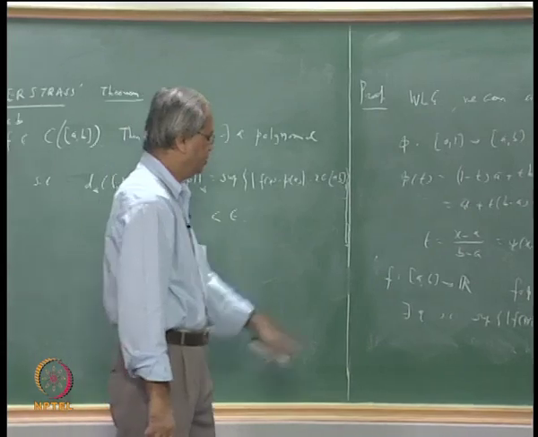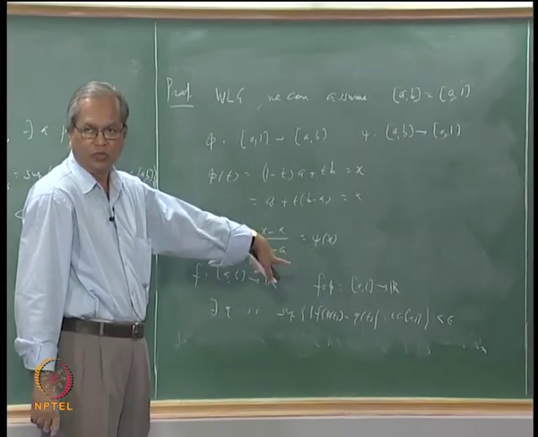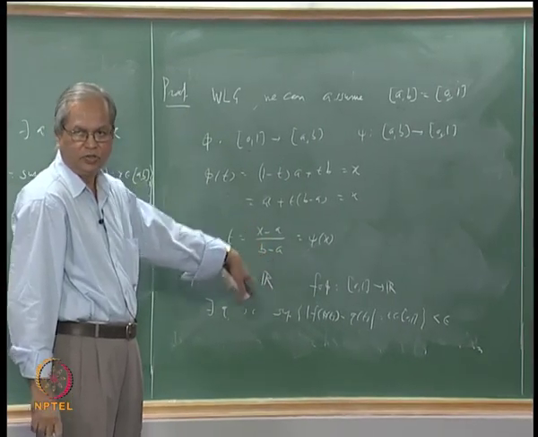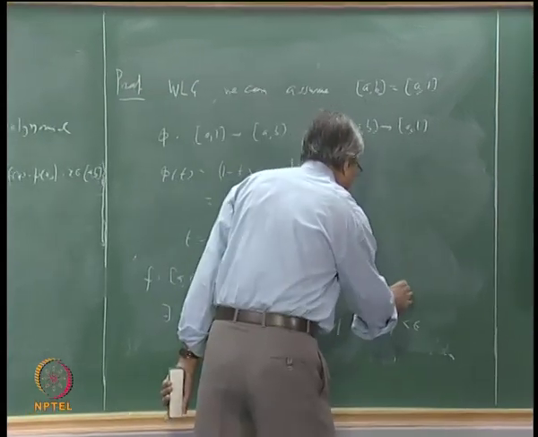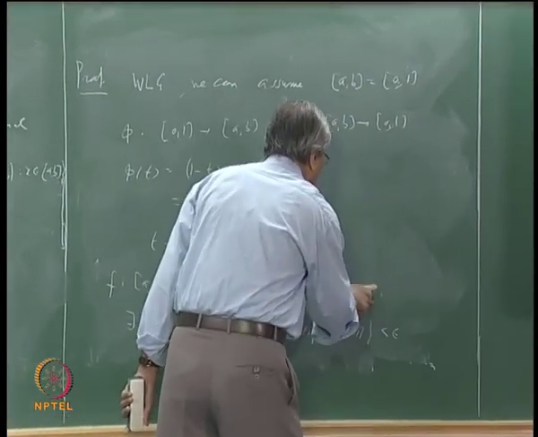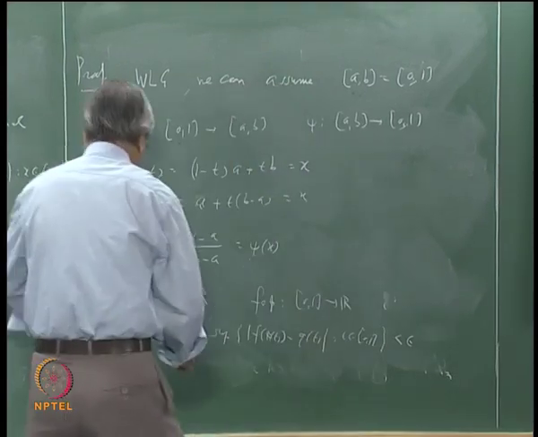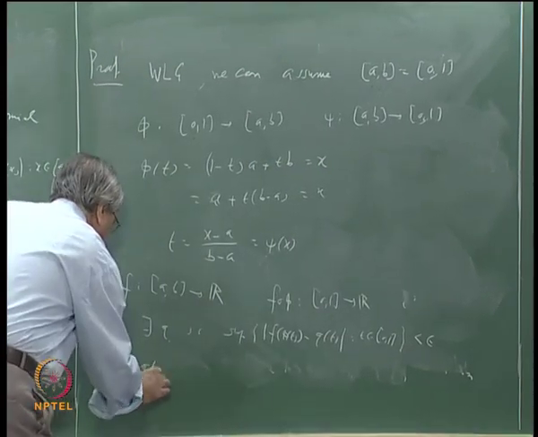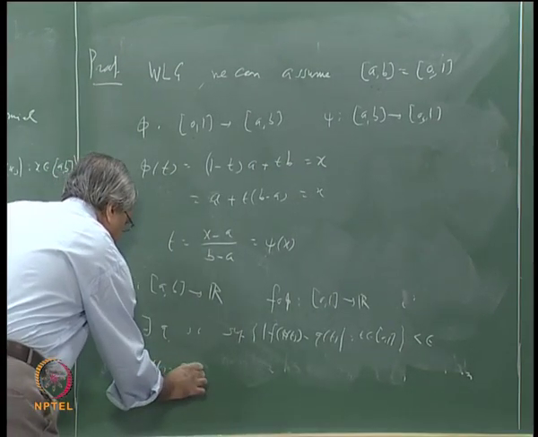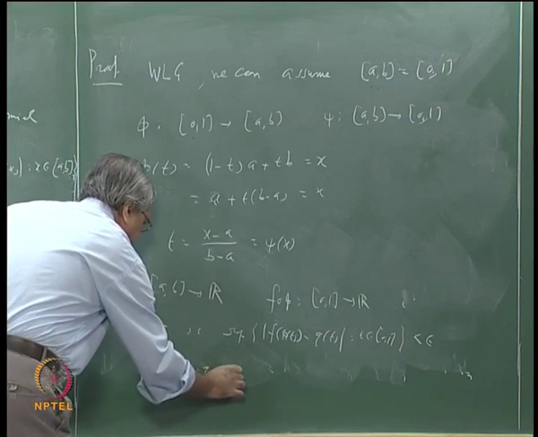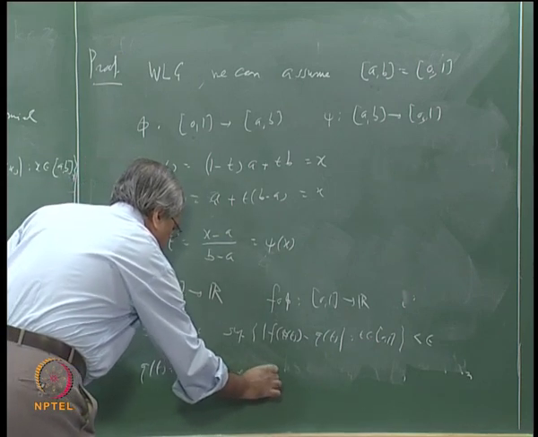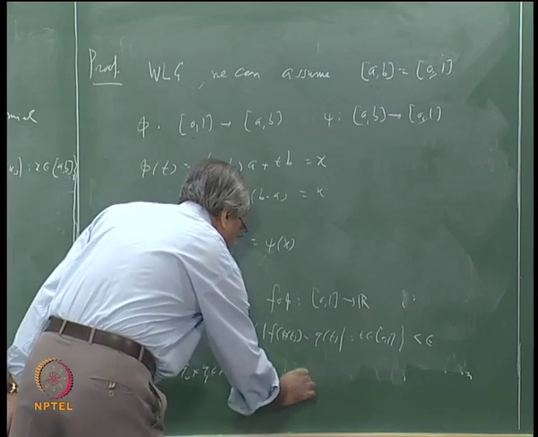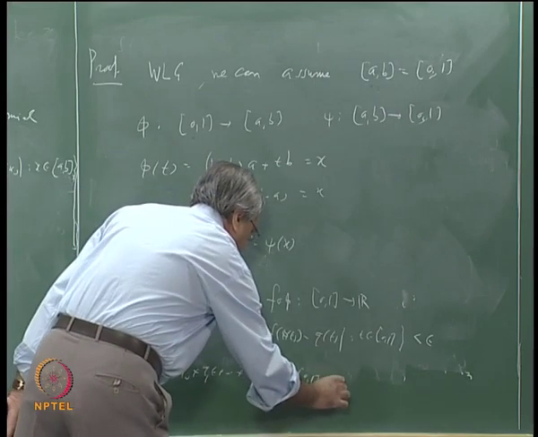Here q of t is some polynomial, something like q naught plus q1 t etcetera plus qn t to the power n, defined from 0 1 to R.